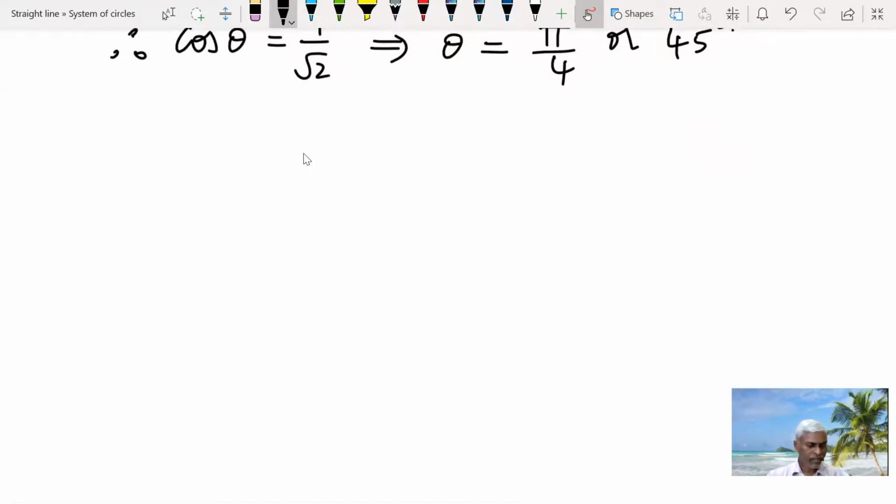Show that the angle between the circles, same problem.